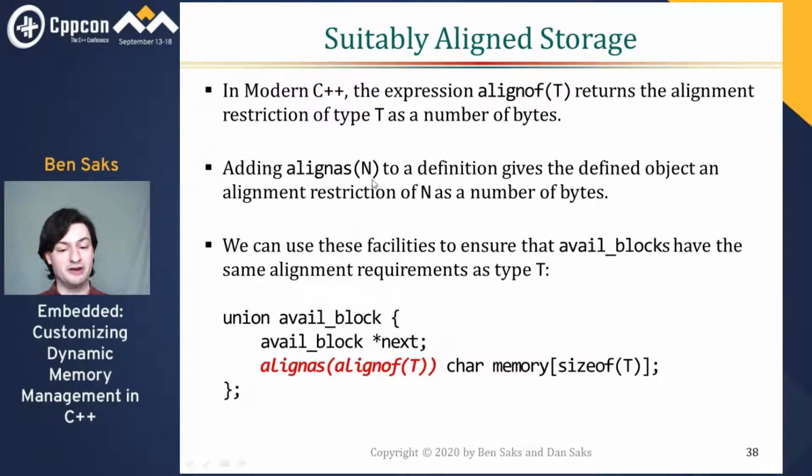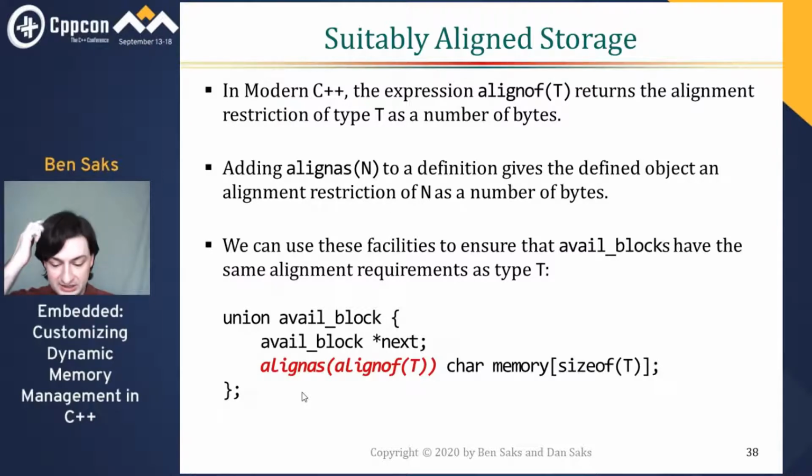And then you can declare an object with alignas to say, align this value so that it has the same alignment restriction as an object of type T here in this case. This makes sure that our available list blocks are always aligned in such a way that they will work for type T.